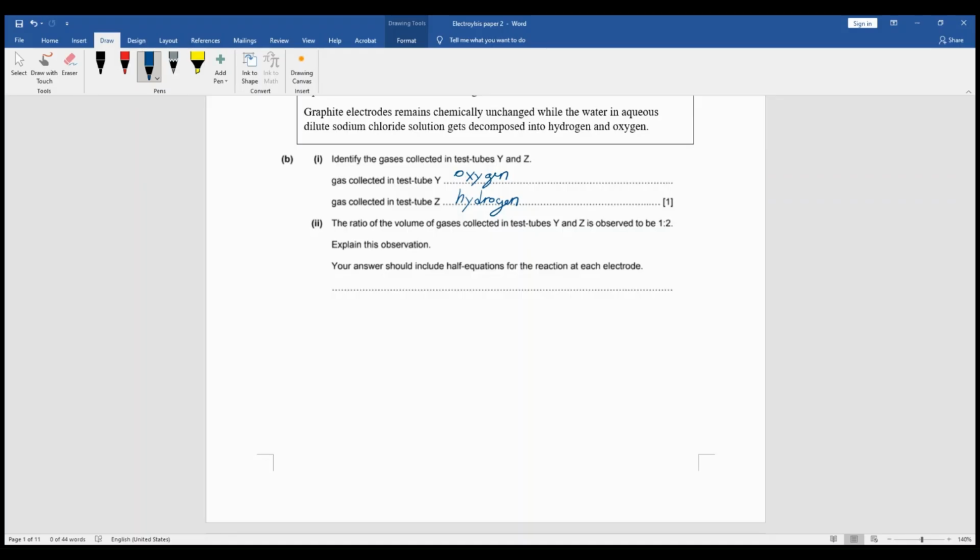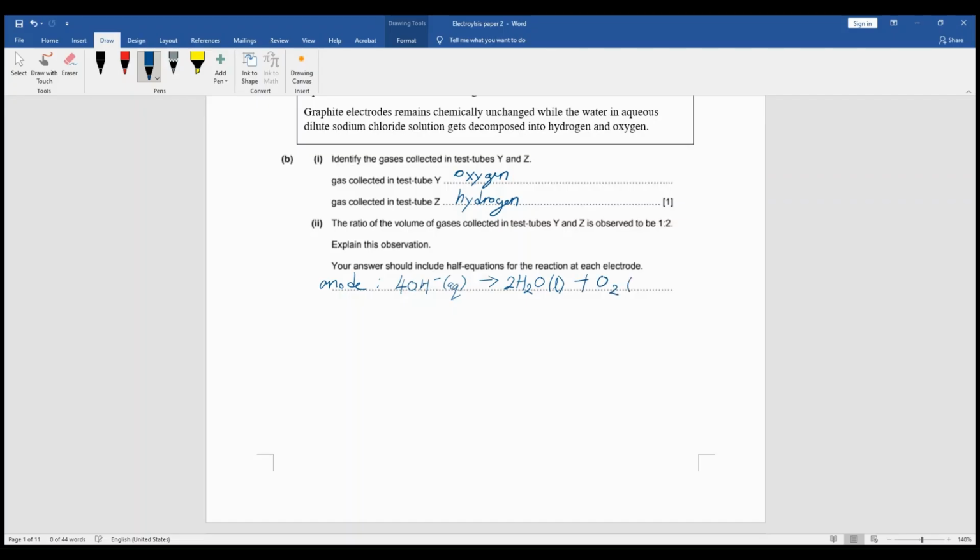So at the anode, you have your hydroxide that's being discharged. If you have memorized, you can just write in the numbers directly. If you did not, then you can just write in all the products and the reactants, then balance it. At the end of the day, you still have to check that everything is correct.